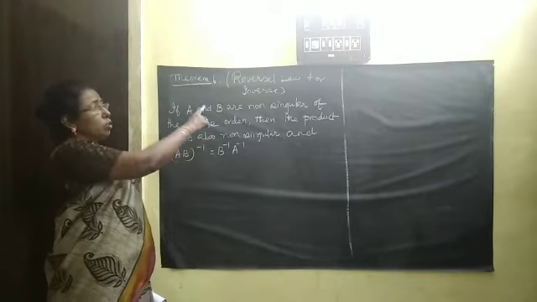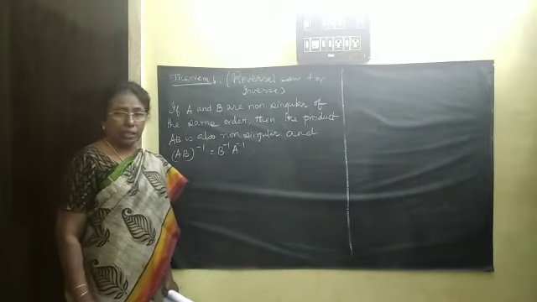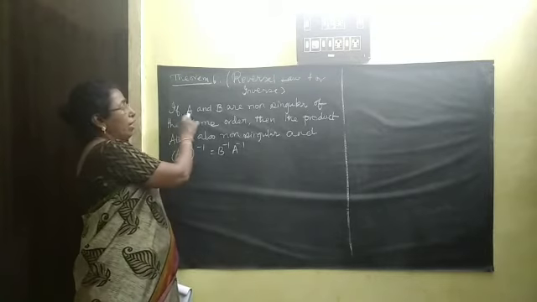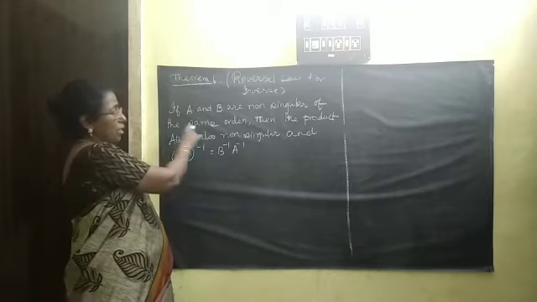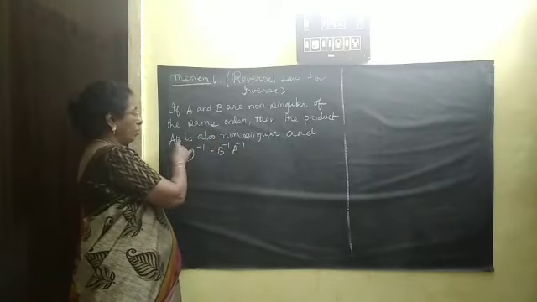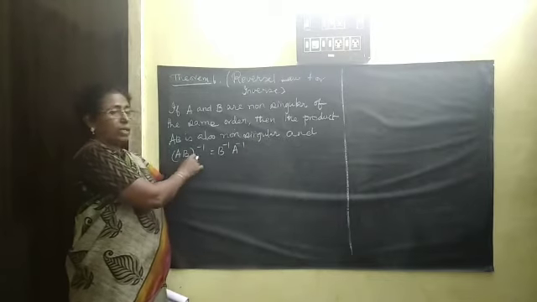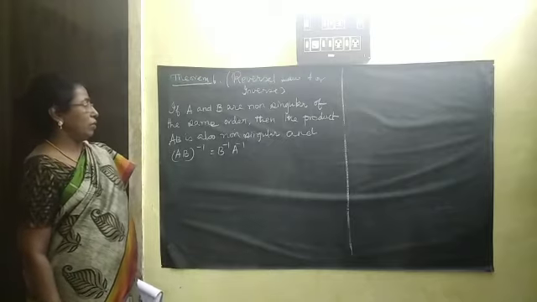The next theorem is on the reversal law for inverse. You have already learnt the reversal law for determinants. If A and B are non-singular of the same order, then the product AB is also non-singular and AB the whole inverse is equal to B inverse A inverse.